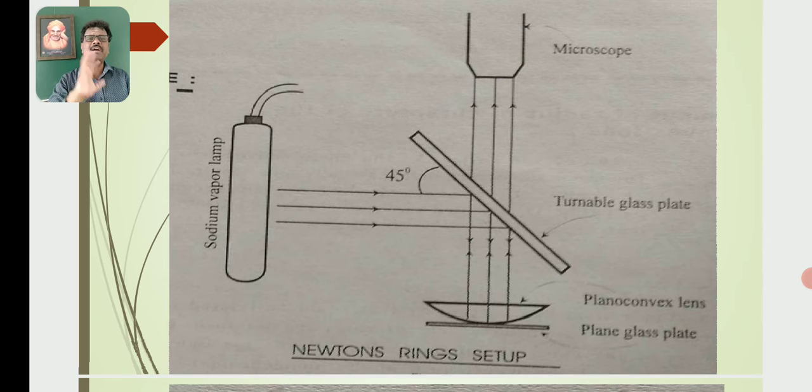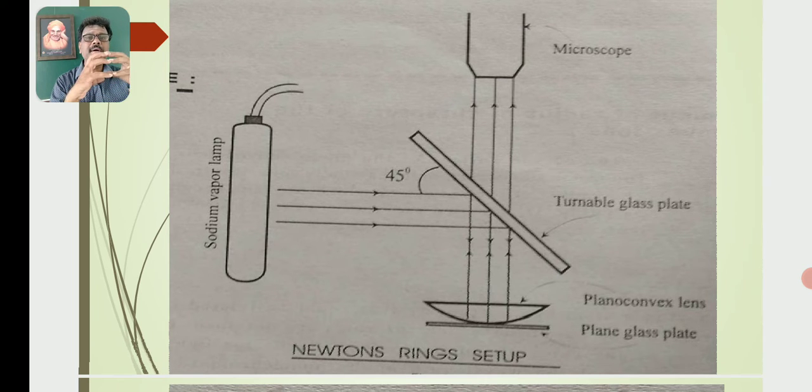The rays of light reflected from the upper surface of the air film and the rays reflected from the lower surface of the air film both derive from a single incident ray. So they have the same frequency, same amplitude, and a constant phase difference. They get superposed, forming an interference pattern.